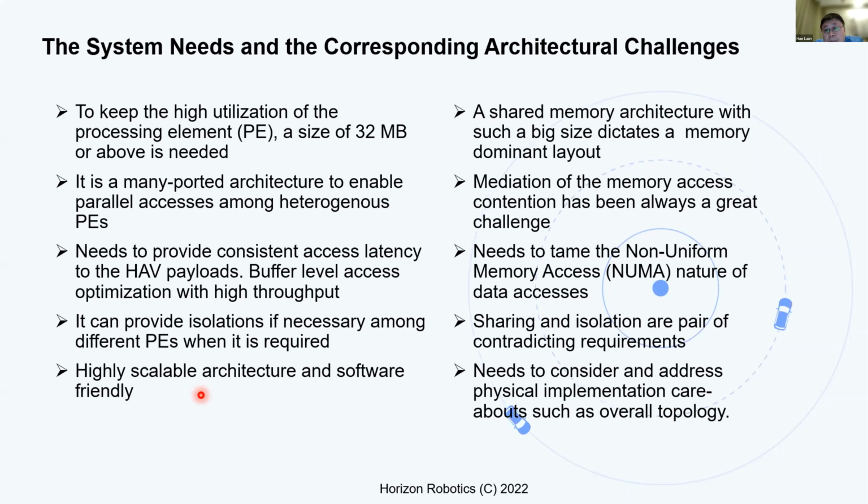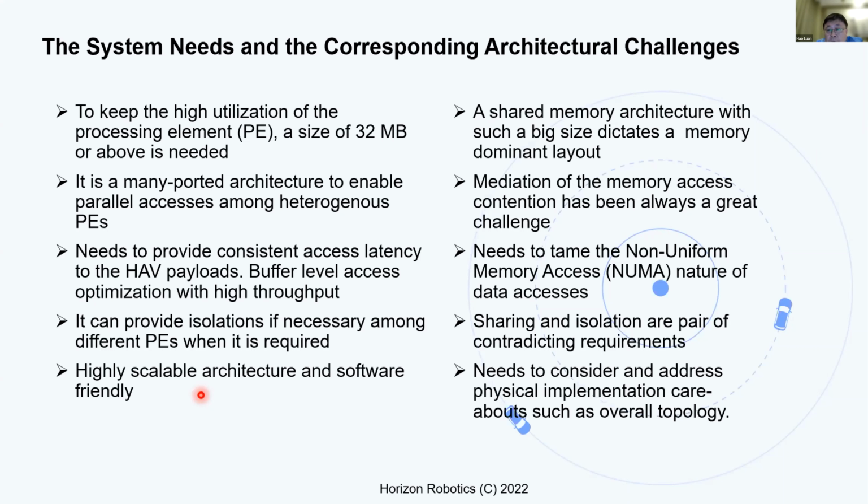The first thing we present is very non-uniform memory access. And because it's a parallel access shared memory architecture, there will be a lot of memory access contentions that we need to address when we share the memory contents.